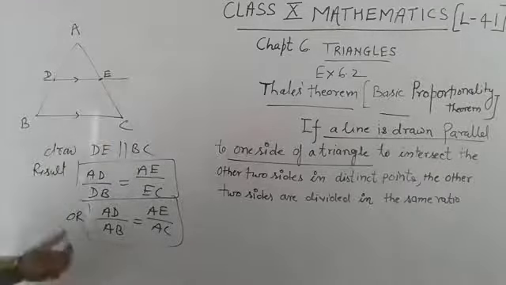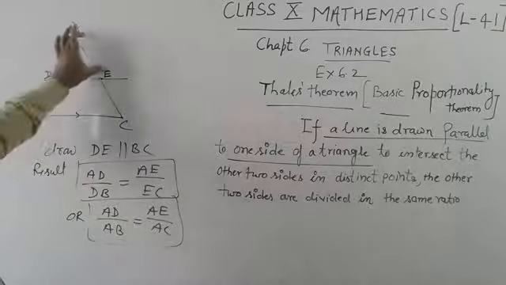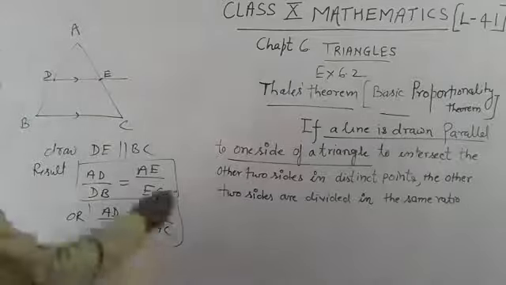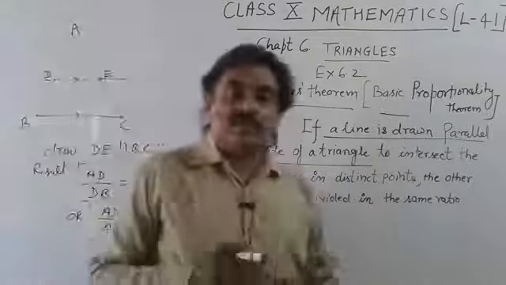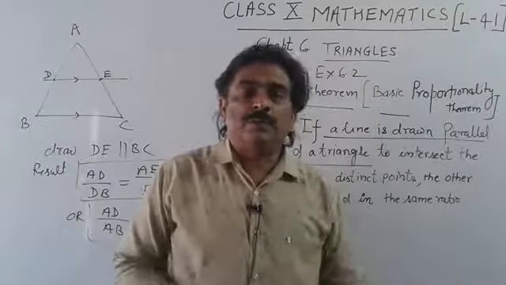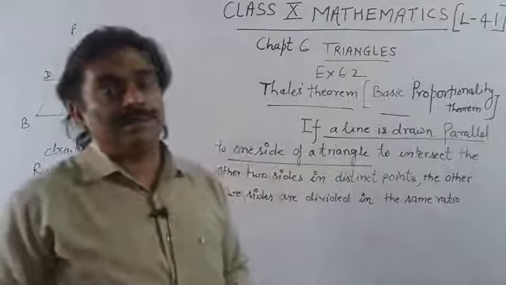Or in another way we can say AD upon AB is equal to AE upon AC. So this is the result of Thales theorem. The proof of this theorem is given in your book. If you want to prove it, it can be proved with the help of your book.